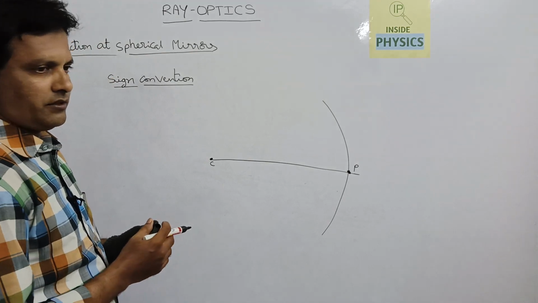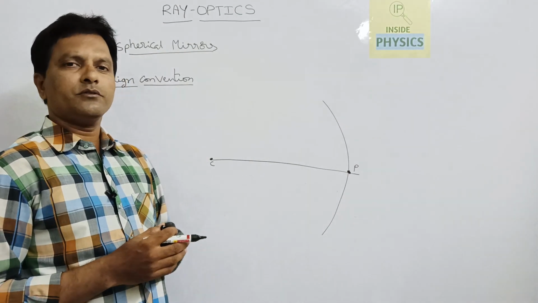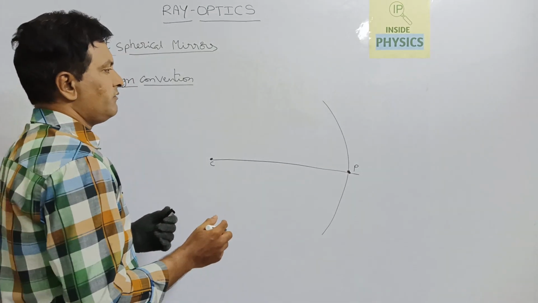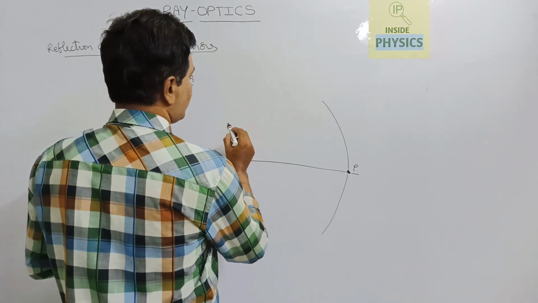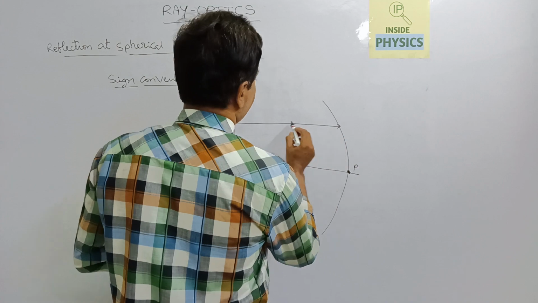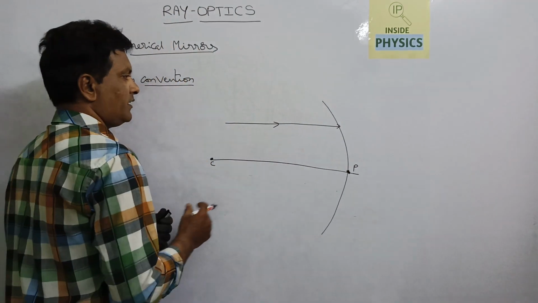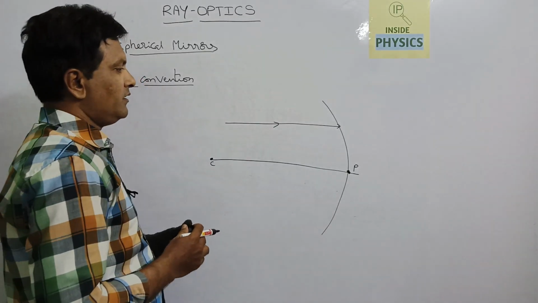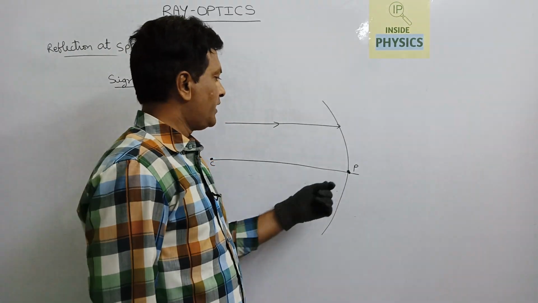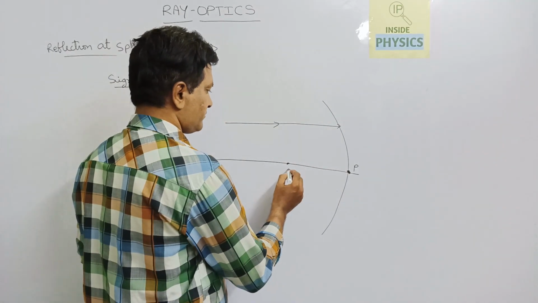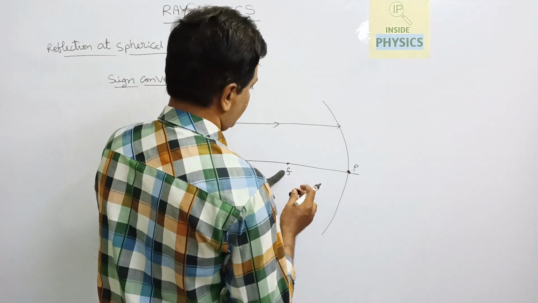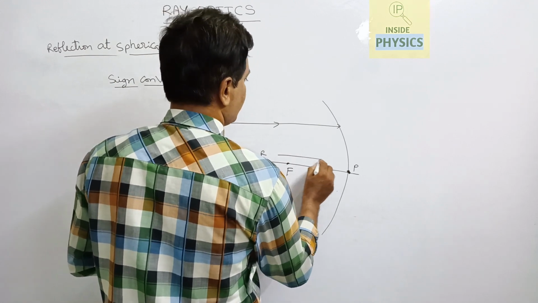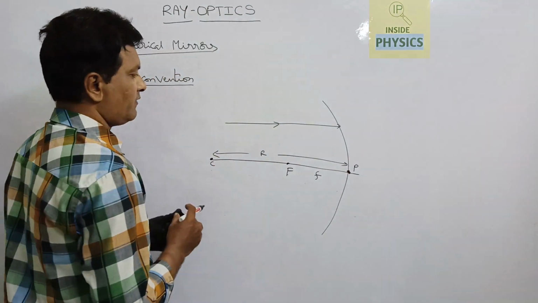The sign we give to the value of distances, plus or minus, depends on the direction of the incident light. Suppose the light direction is in this direction, this is the focus, this is the focal length, this is the radius of curvature, and this is the center of curvature.